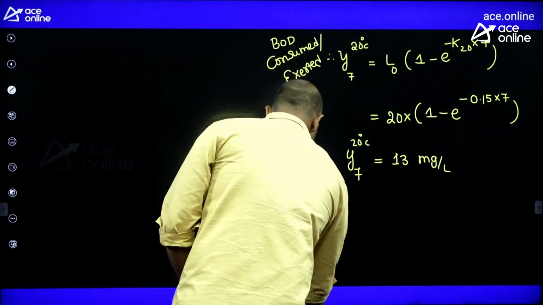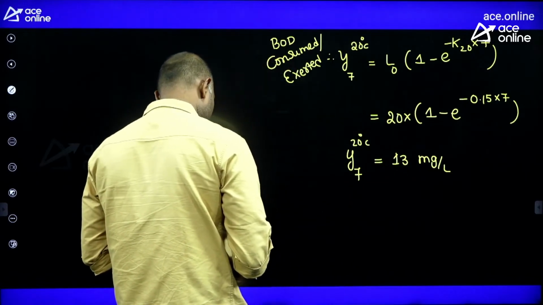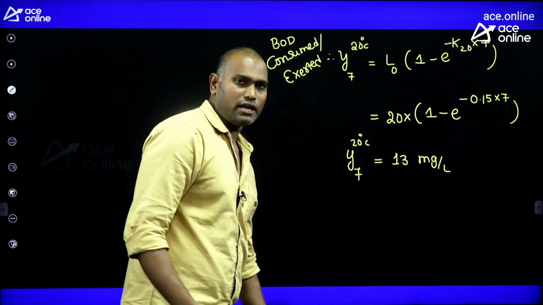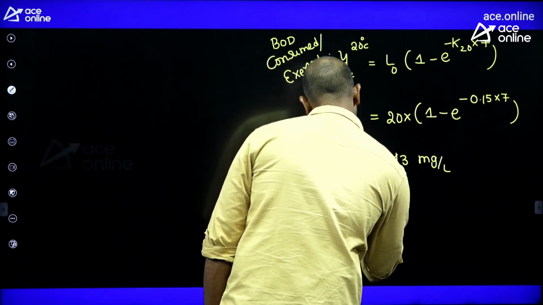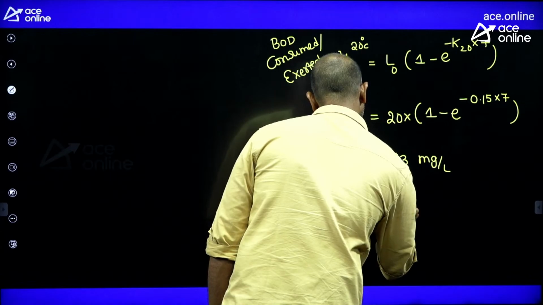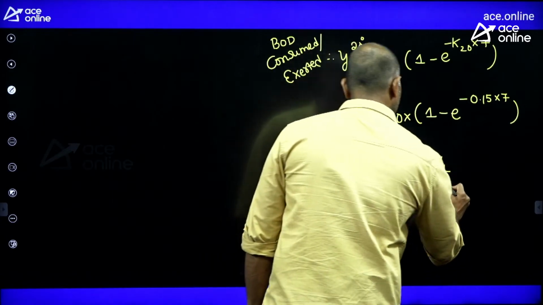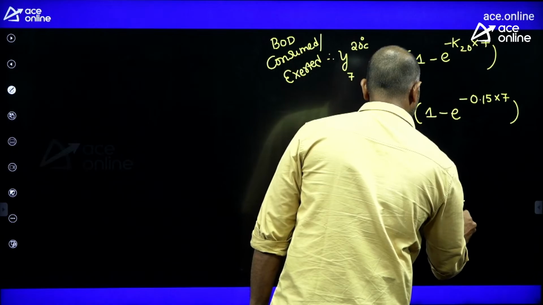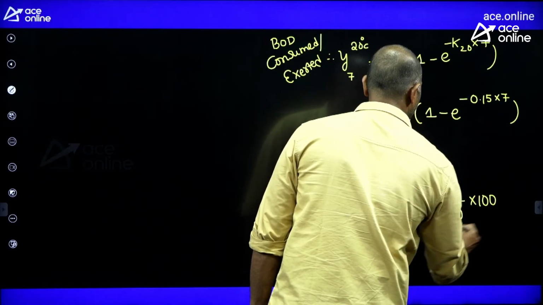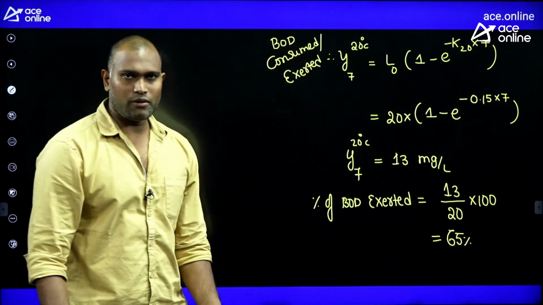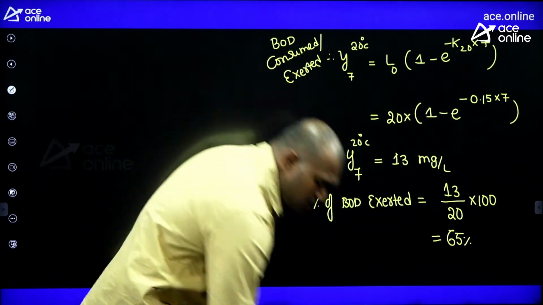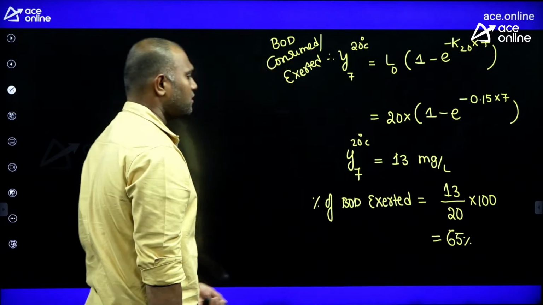So now if you see, out of the 20, 13 mg per liter has been utilized. Then percentage of BOD exerted is 13 mg by 20 into 100. That much utilized, right? Then this is going to be 65%. If BOD utilized is 65%, then BOD remained.